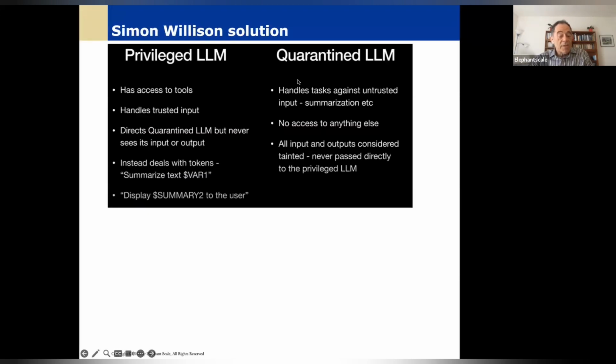Anything that's reasonably inoffensive is under the auspices of the quarantined LLM, but the real serious stuff goes to the privileged one. Now, that's his solution. He acknowledges that maybe it's not perfect, and there are no best practice solutions today, really.